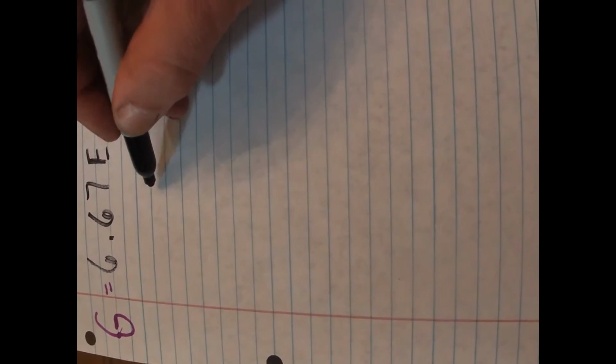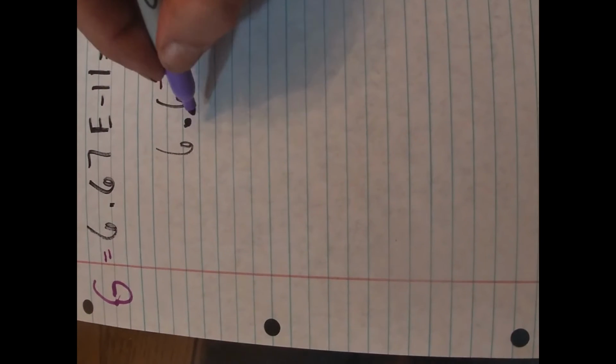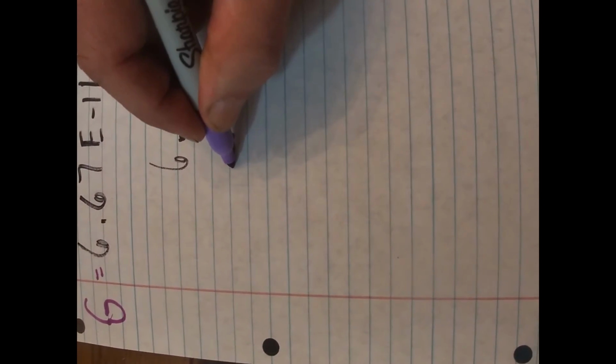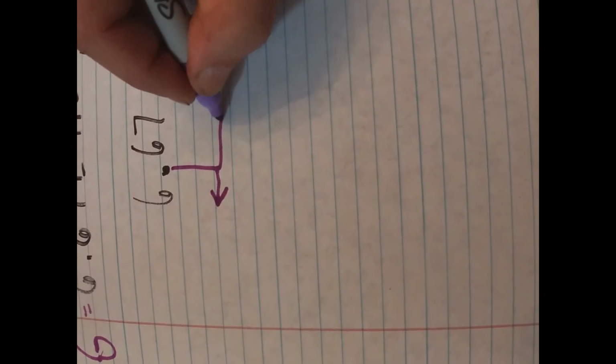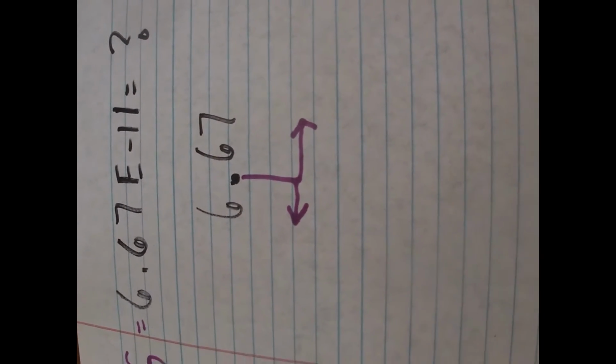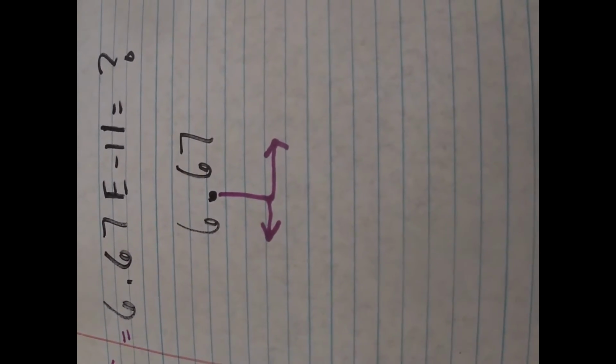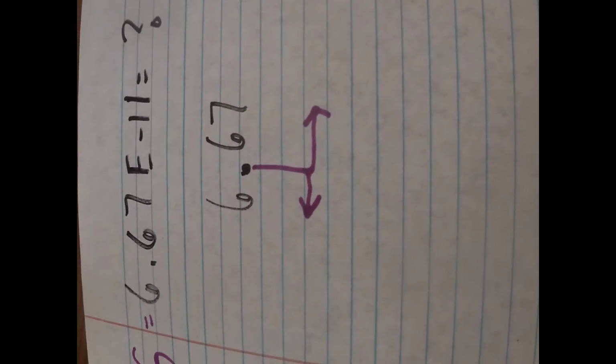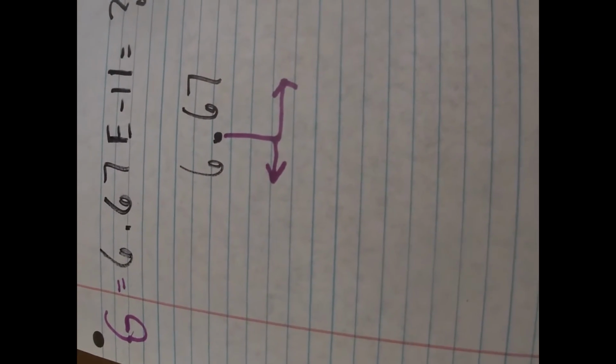Okay, we know that the 6.67, and now this decimal is going to go this way, or it's going to go this way. I wonder which way it's going to go. Well, it's a mystery. Not really. But let's try to figure it out.